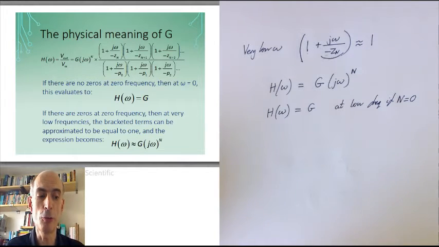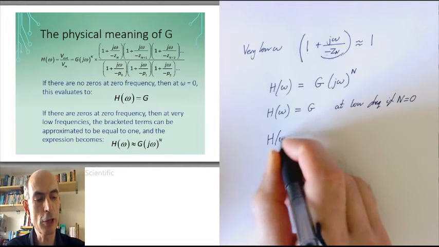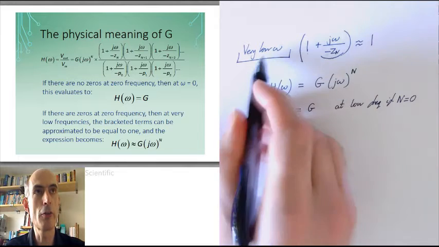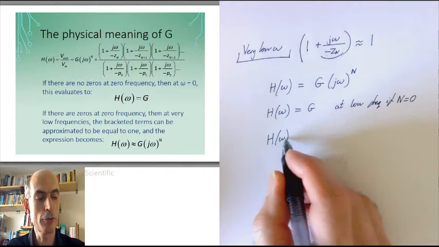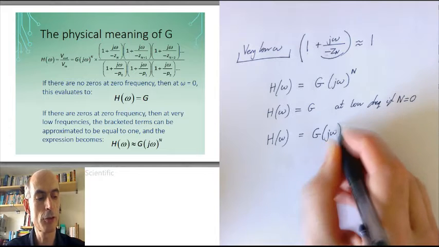If there are zeros at 0 Hertz, then the best we can say is that at low frequencies, these are all for very low frequencies, h of omega is equal to g times j omega to the power of n.